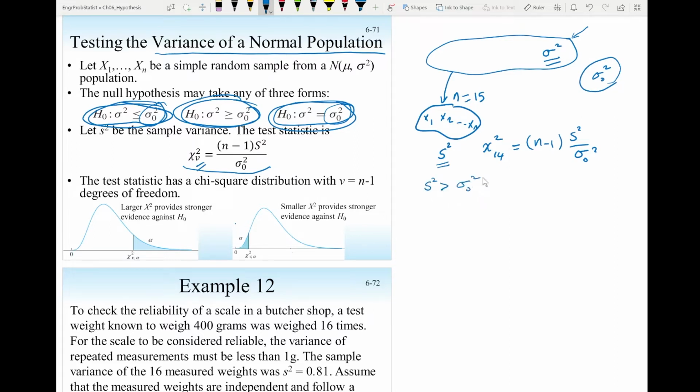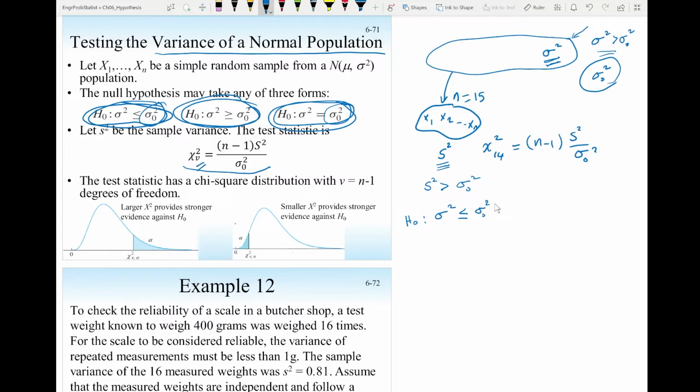And usually the company will claim also that the variance or the variation of their product is larger than this sigma squared. And the sample usually will support this claim. So now our null hypothesis will go against the sample and the claim. So my null hypothesis will be H0, the variance of the population is actually equal or less than sigma naught squared.